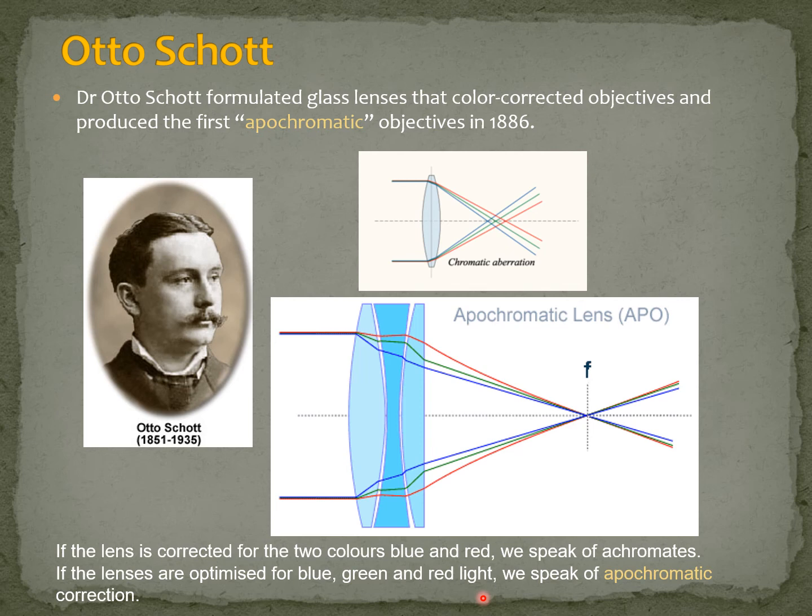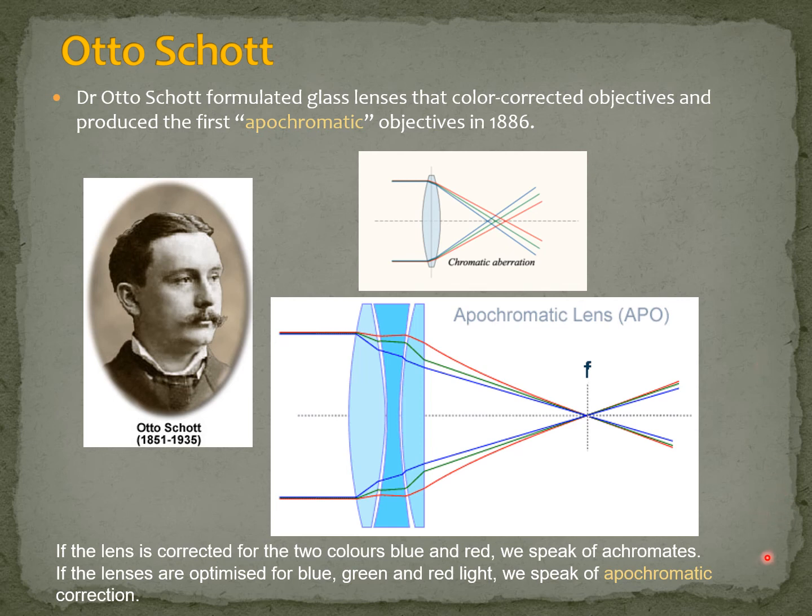So it's capable of correcting the three different wavelengths and focusing them all at the same point. As you can see, the lens starts to be complex, and they have to be perfectly adjusted, and constructing, manufacturing lenses without any aberration was an art.